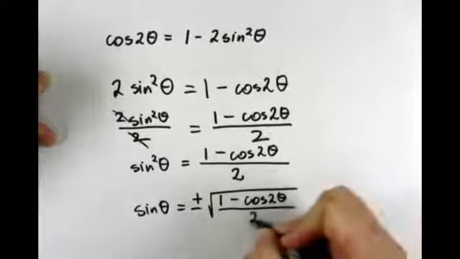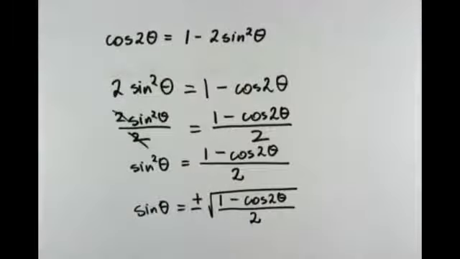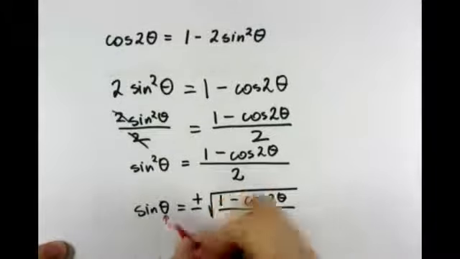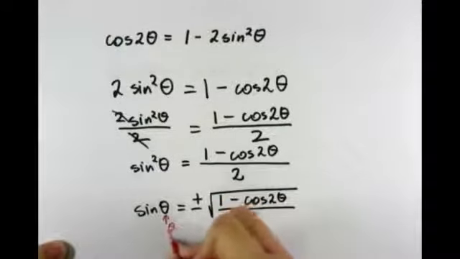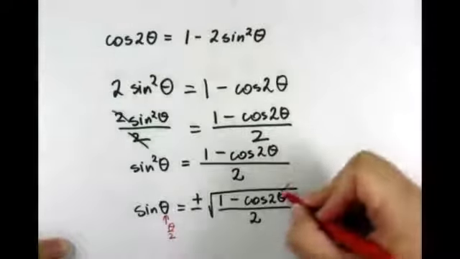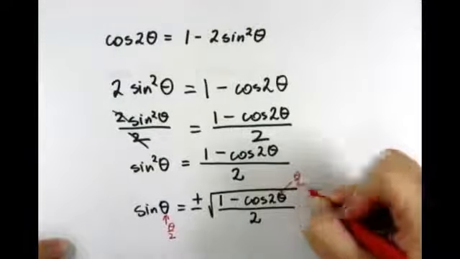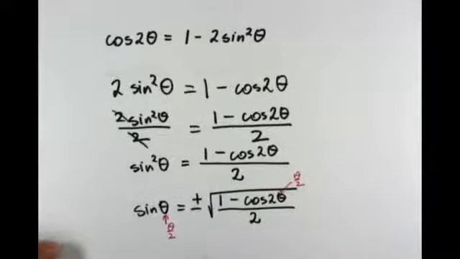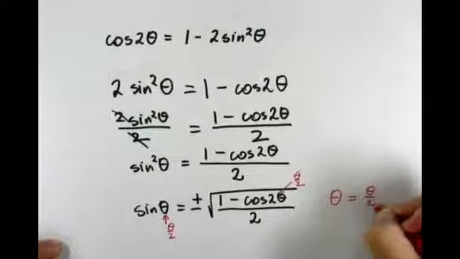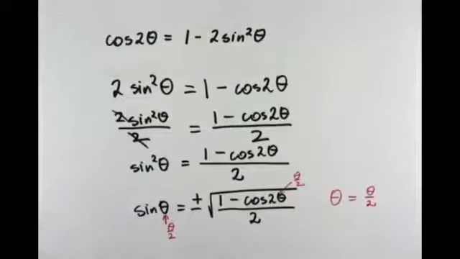And now, if we would like to have half angle, for my theta I will substitute half theta. If my theta is half theta, then this would be half theta as well, right? I just substitute that theta is equal to 1/2 theta, or theta over 2.